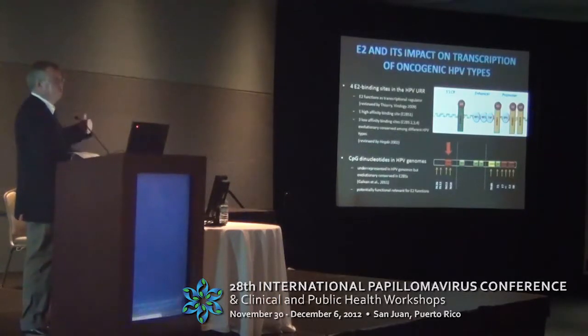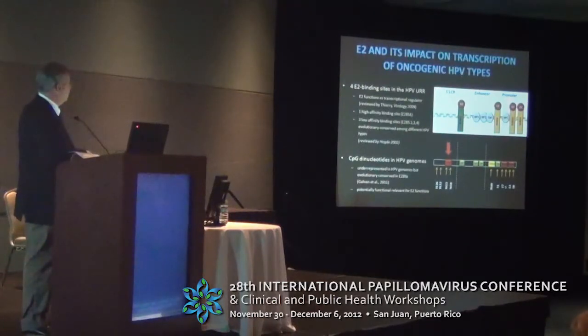The early genes produce more E2, and the more E2 is produced, the more active this mechanism becomes, until there's enough E2 in the very same cell that then binds to low affinity binding sites that are more downstream of this E2 binding site 1, particularly in the promoter region, particularly the E2 binding site 4.